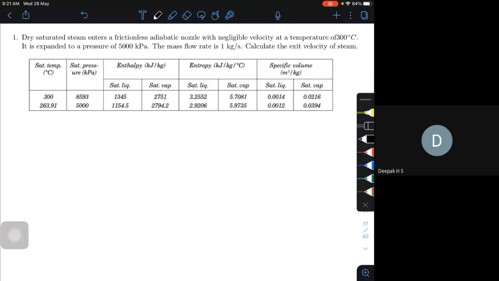Now, specific volume is in meter cube per kg, enthalpy in kilojoules per kg, entropy in kilojoules per kg degree Celsius or kg degree Kelvin. Don't fight for that, because it's a delta T, a difference in temperature. It can be degree Kelvin or degree Celsius. Few textbooks go with Kelvin and few with Celsius. It doesn't matter, the values are the same. So this is what they have given.